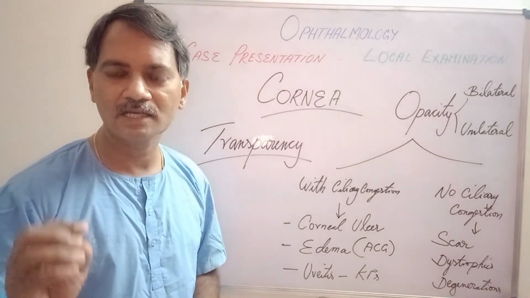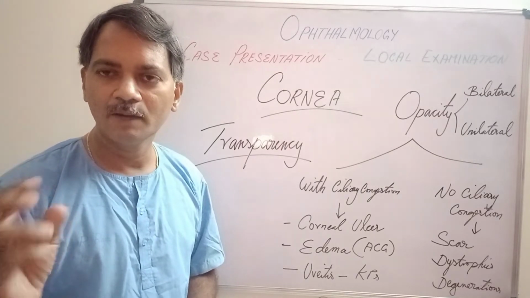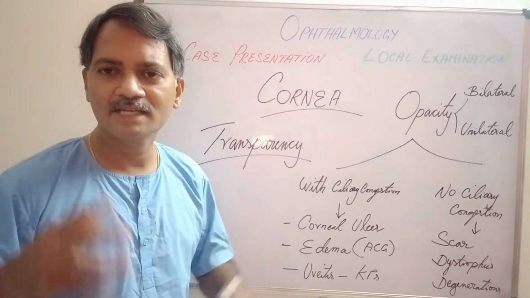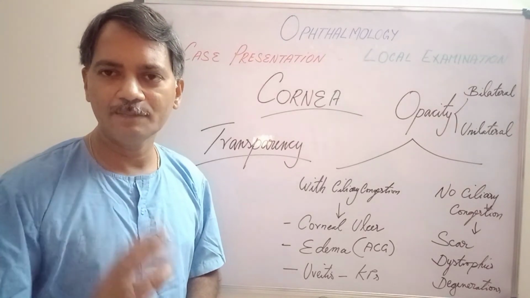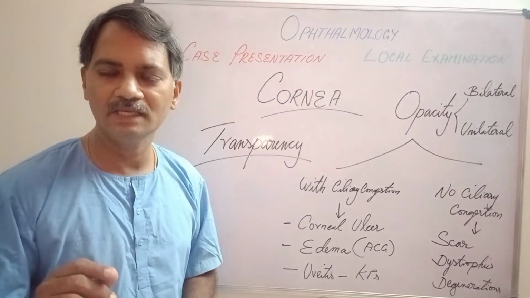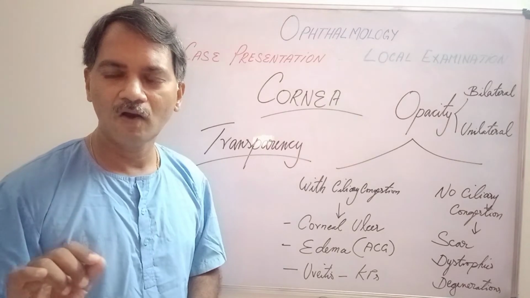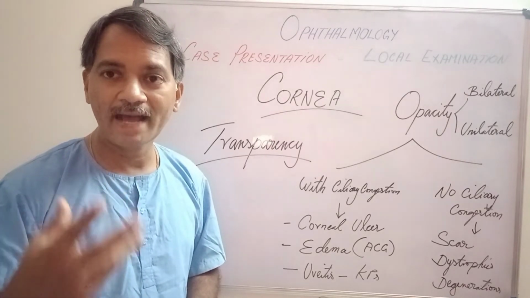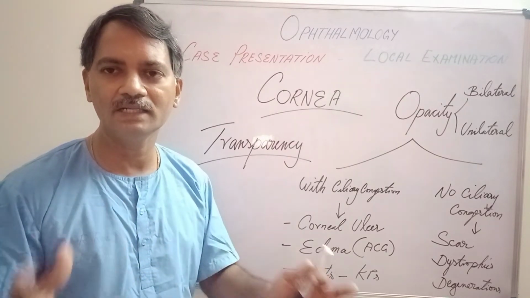Keratic precipitates are nothing but deposition of blood cells, WBCs, on the back of the cornea. There are several types of keratic precipitates. Depending upon the type, you will see multiple brownish or red or mutton fat like dots on the posterior surface of the cornea.